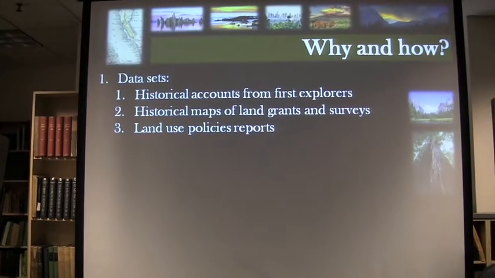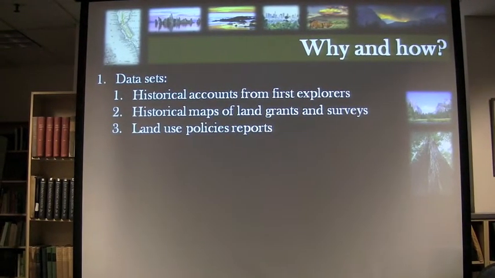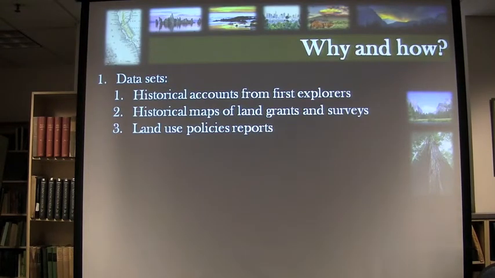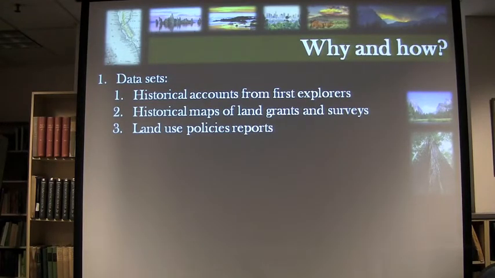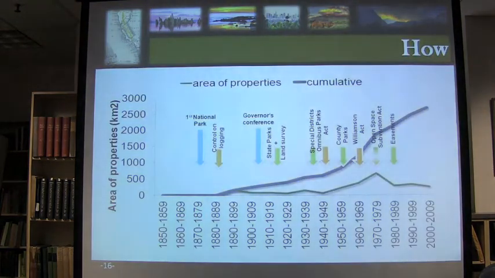So, to get to the why and how, we're actually looking into the historical accounts from the first explorers to figure out what was there before. And then we're looking into land use policy reports to try to figure out what kind of policies and structure allowed for this acquisition.